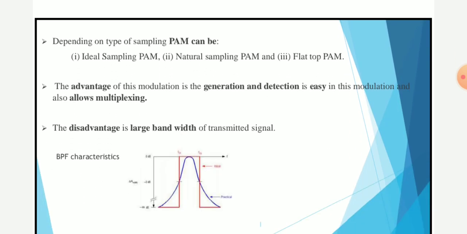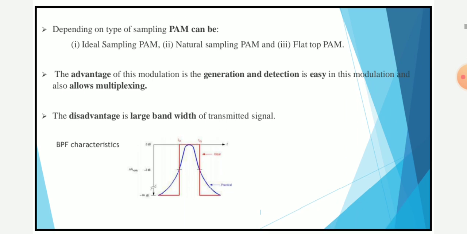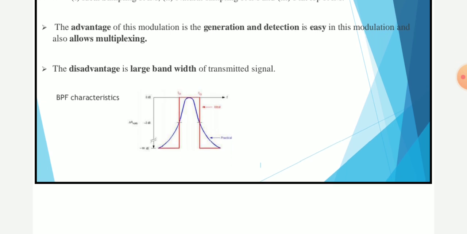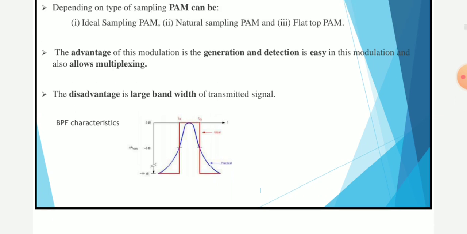Depending upon the type of sampling, PAM can be done with ideal sampling, natural sampling, or flat top sampling, as shown in the previous images. The advantage of this modulation scheme is that generation and detection are easy and it allows multiplexing. The disadvantage is that it makes use of a large transmission bandwidth.